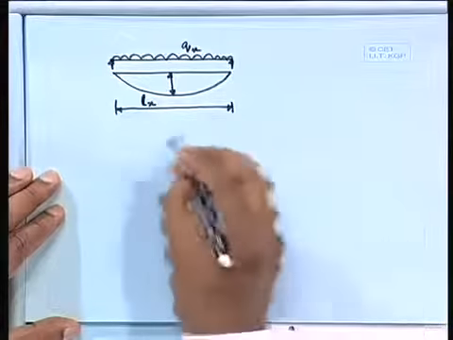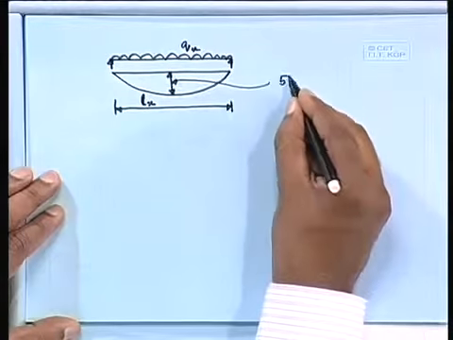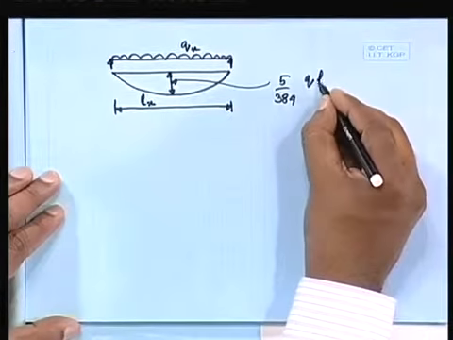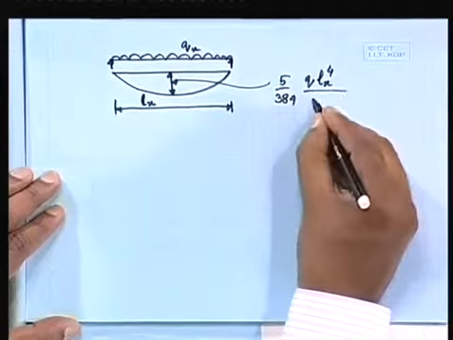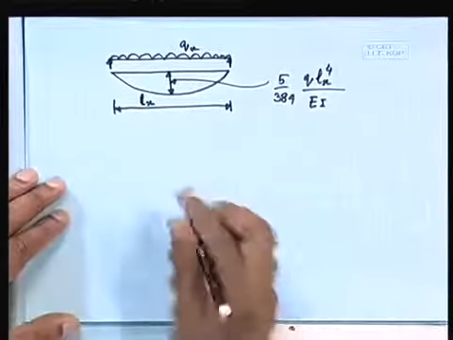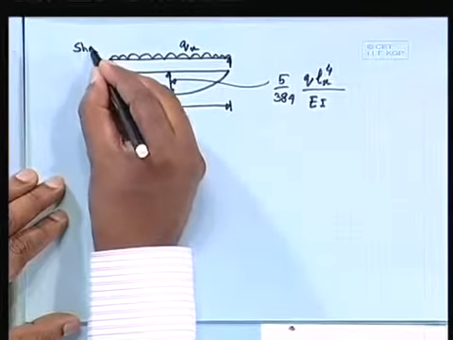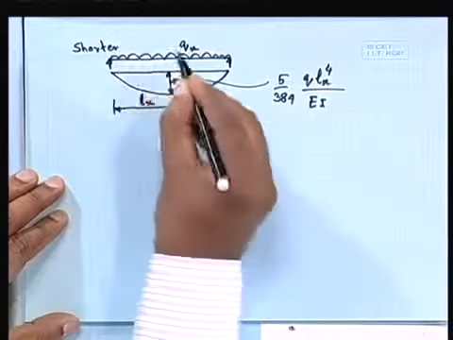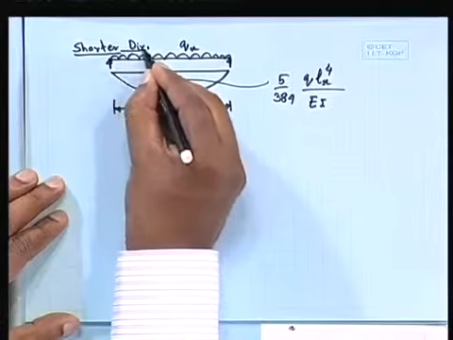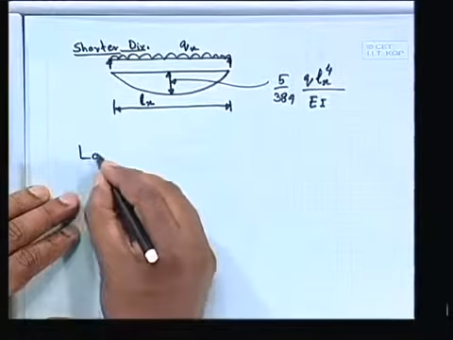So, we can write down the displacement: 5/384 q Lx to the power 4 by EI. This is your vertical displacement. Similarly, this is in your shorter direction.